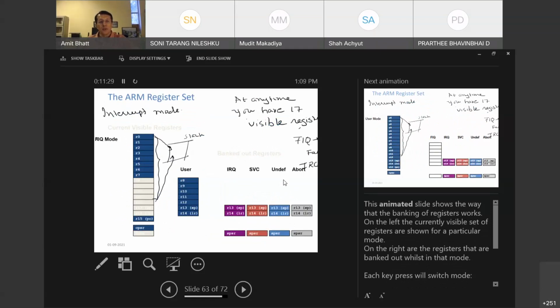And the user registers can retain all of R8, R9, R10, R11, R12, 13 and 14 instead of just 13 and 14. So saving is also less. I just have to save R0 to R7. So this is the interrupt model which is given.